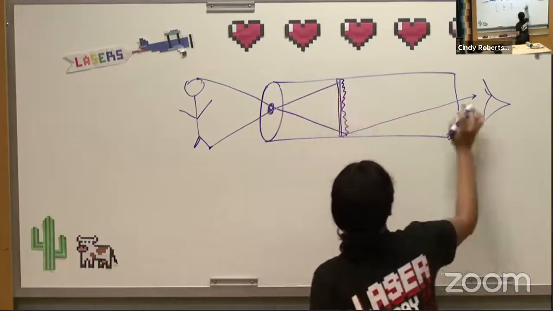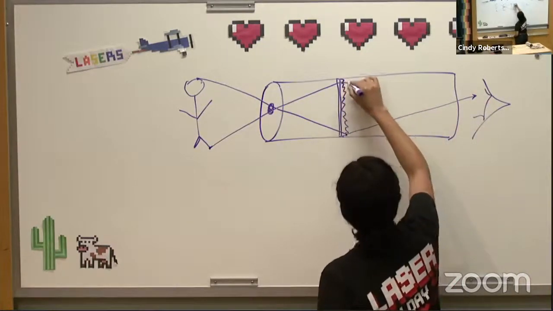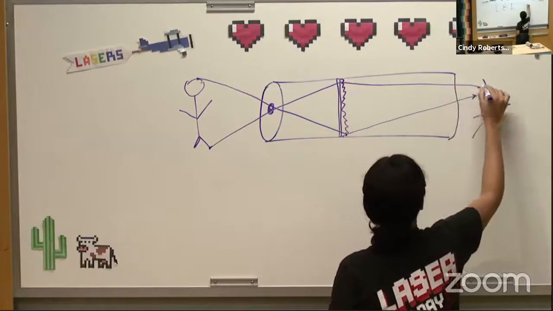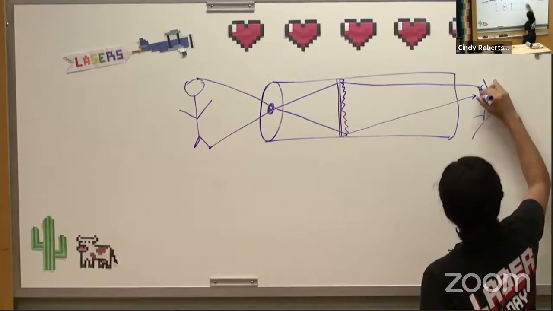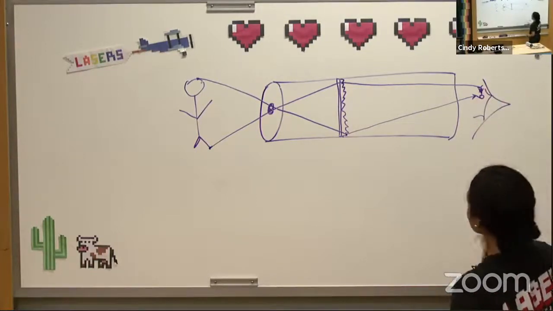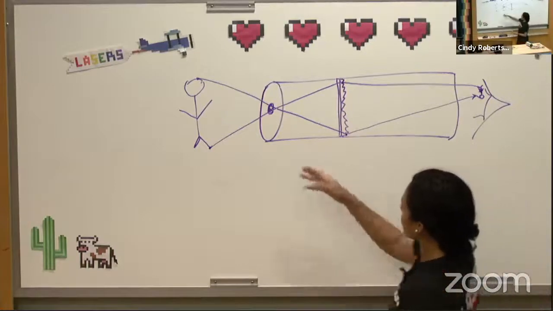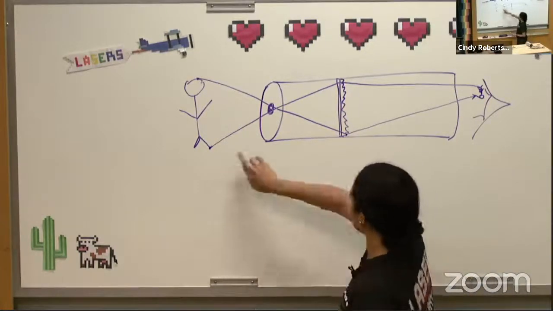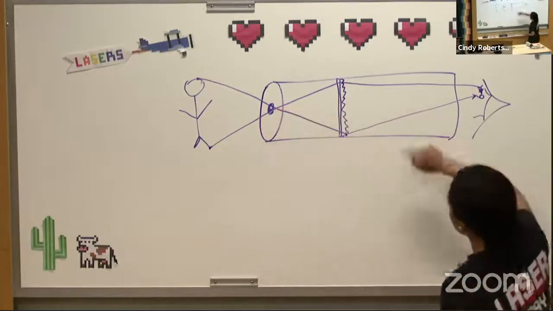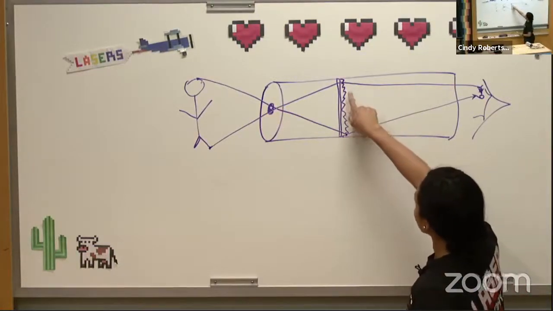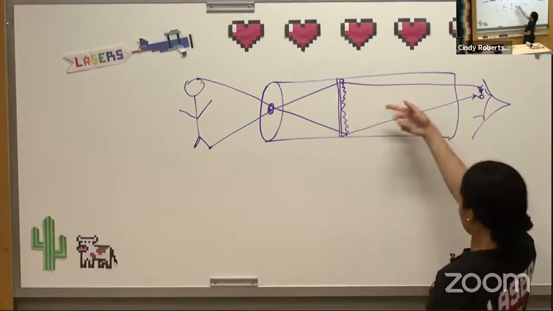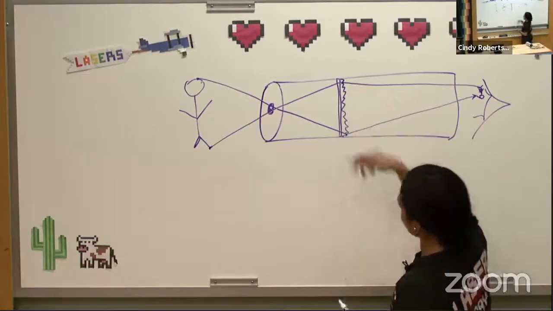So now we've got the ray from the feet up here, and the ray from the head up here. That's why it looks upside down, because the rays you're looking at are crossing here at this pinhole. And the reason we need the wax paper here is so that we can scatter light that might not get to your eye, to your eye. So it's just changing the direction of that ray.